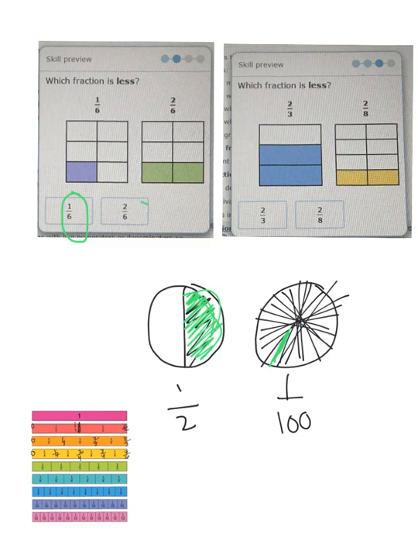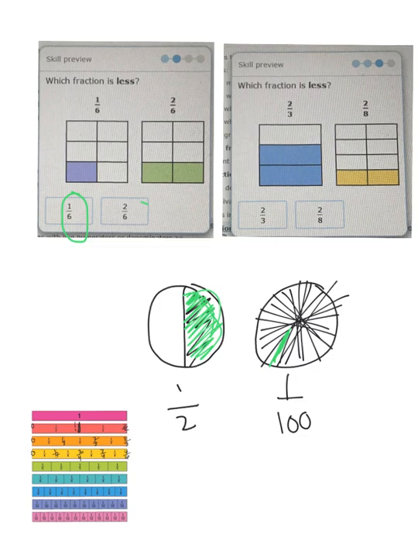If we look up here, we see we have 2/3, which is a large portion of this square. And then we have 2/8, which is much smaller. So this idea of flipping our thinking, the bigger the denominator, the smaller the amount of the whole that's filled in when the numerators are the same. 2 parts of a whole that's split into 3 is much bigger than 2 parts of a whole that's split into 100.